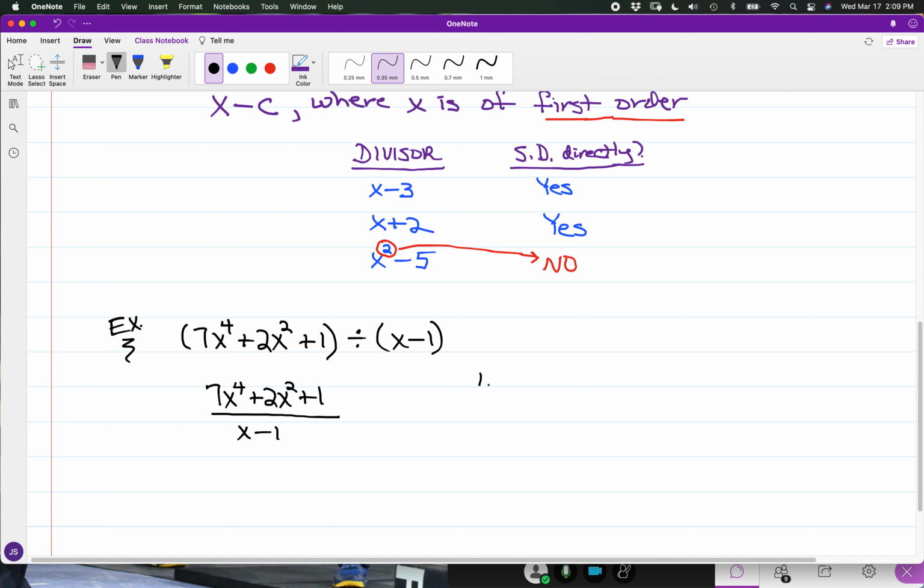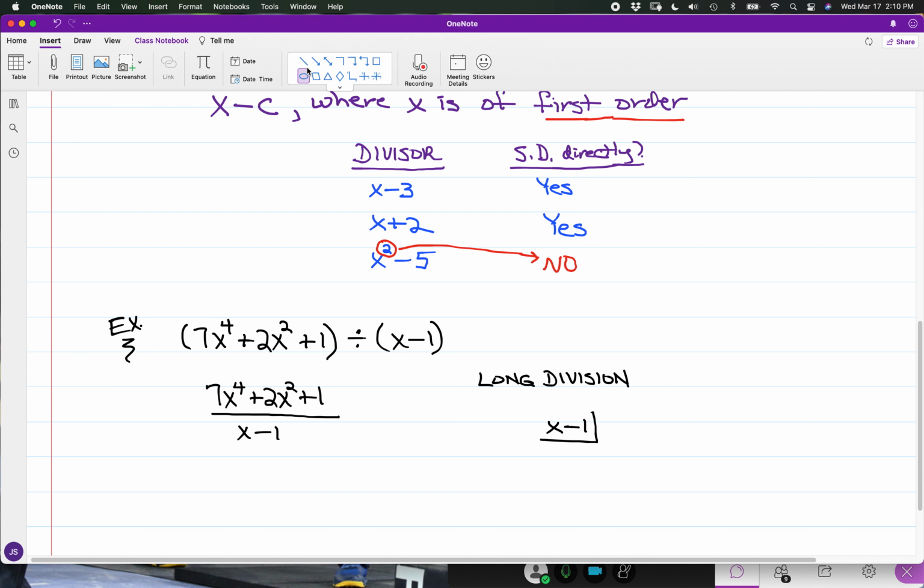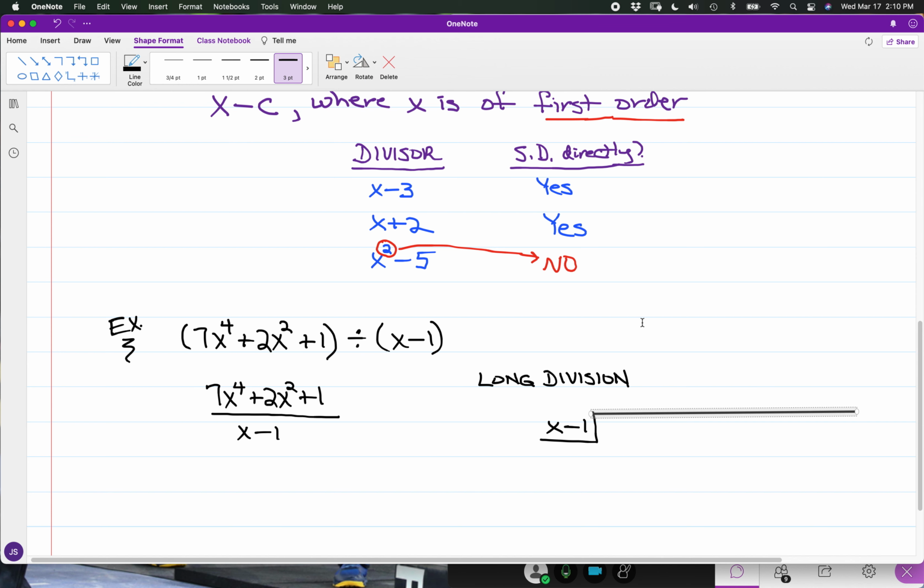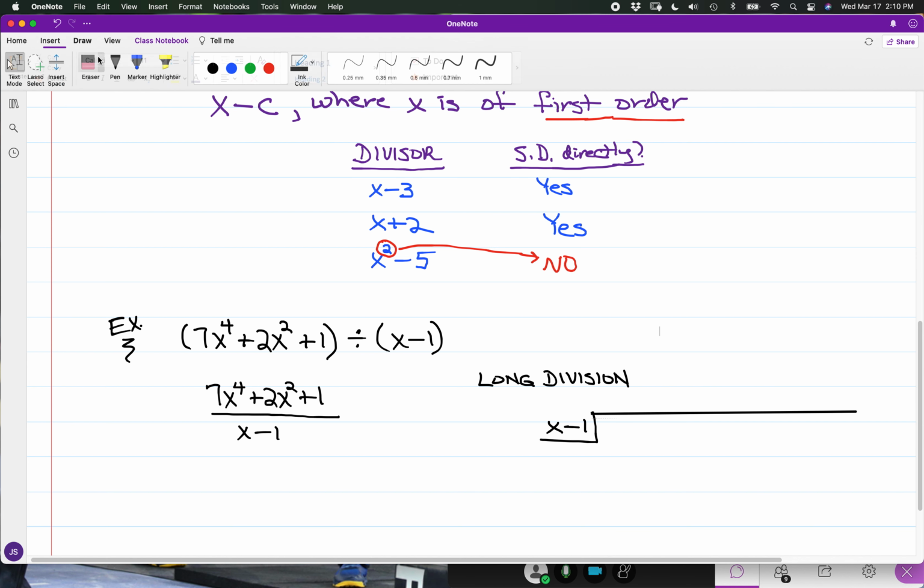Now, if I take the long division, your divisor is going to be x minus 1. And for this polynomial, we have a fourth order, so you have 7x to the fourth.